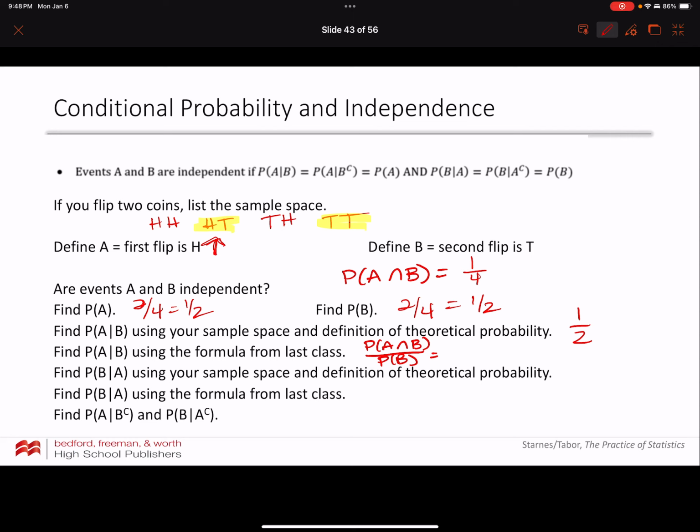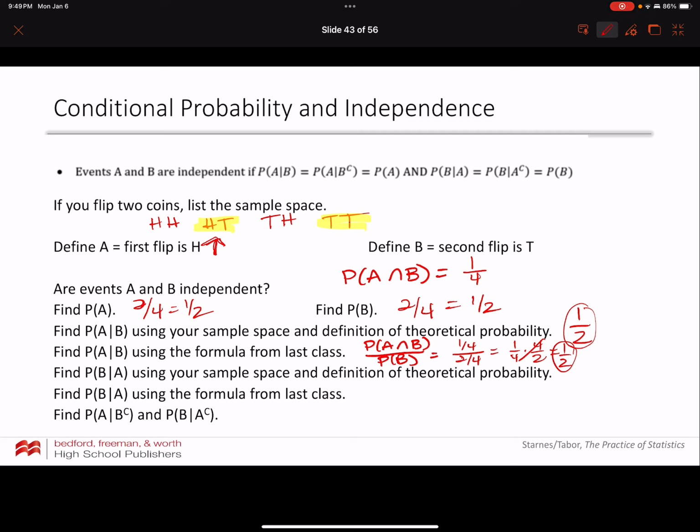So the probability of A and B would be 1/4 divided by the probability of B, which is 2/4. So in other words, 1/4 times 4/2, or in other words, 1/2. So same answer, whether I use the sample space or whether I use the formula. Just a reminder, you can do the same thing 2 different ways.